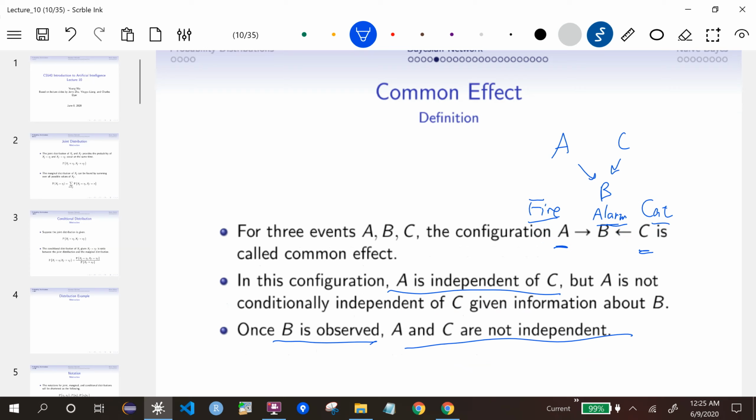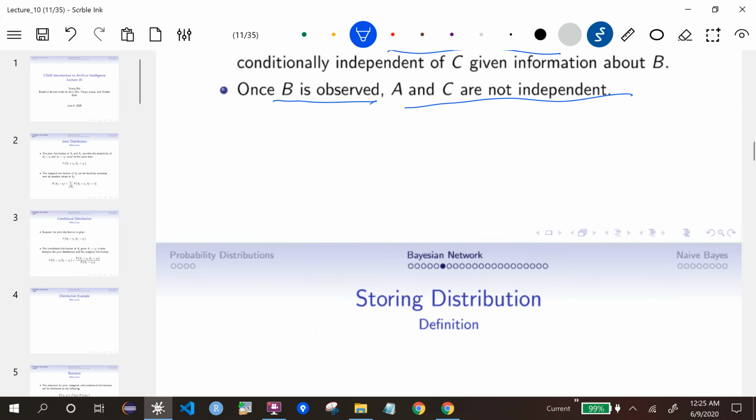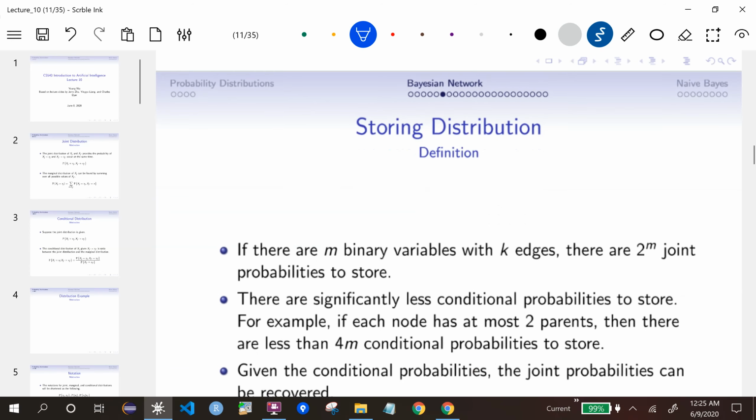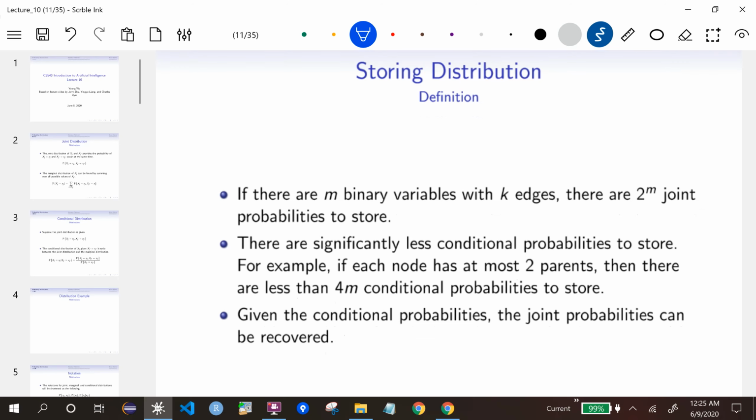So these are the three main configurations, and after knowing this, we can actually reduce the number of probabilities that we need to store to save space. If we have, say, m variables with k edges, then there are 2 to the power m joint probabilities to store.